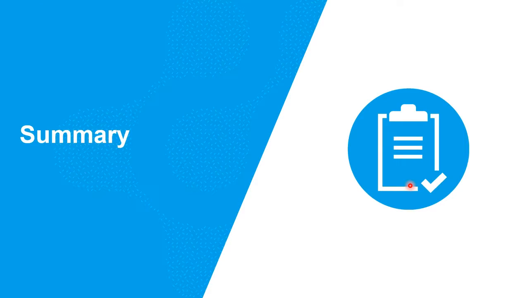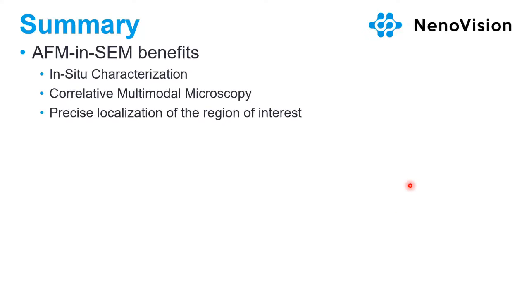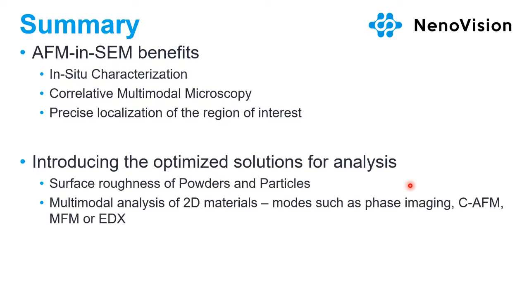So let me summarize. We introduced the AFM-in-SEM solution with LiteScope, where the main benefits are in situ characterization, correlative multimodal microscopy, and precise localization to the region of interest. And we introduced optimized solutions, which we created for surface roughness of powders and particles and complex analysis of 2D materials with modes such as phase imaging, conductive AFM, MFM, or EDX.